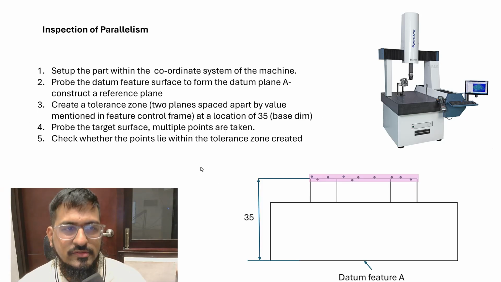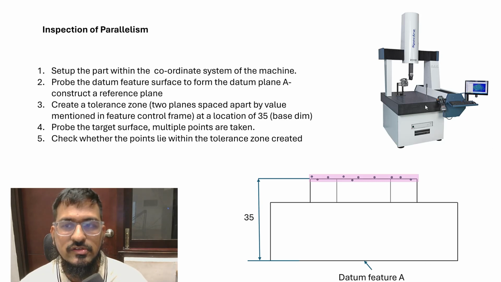Now if we are using the same coordinate measuring machine to inspect parallelism, the procedure is that the part is first set up in the coordinate system of the machine. So you have a coordinate system, you set up the part in the coordinate system of the machine and probe the datum feature surface. So first the datum feature surface is probed. That is this surface, the bottom surface, which is the datum feature.